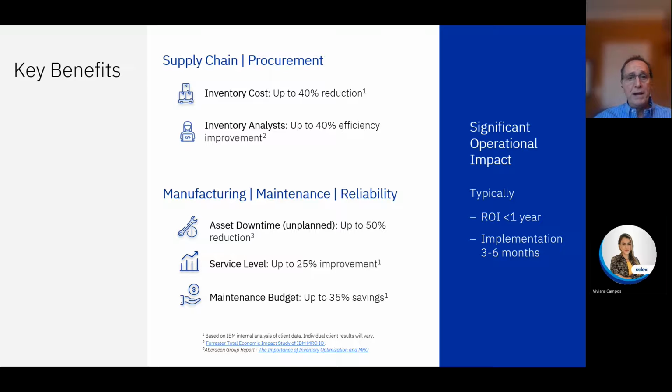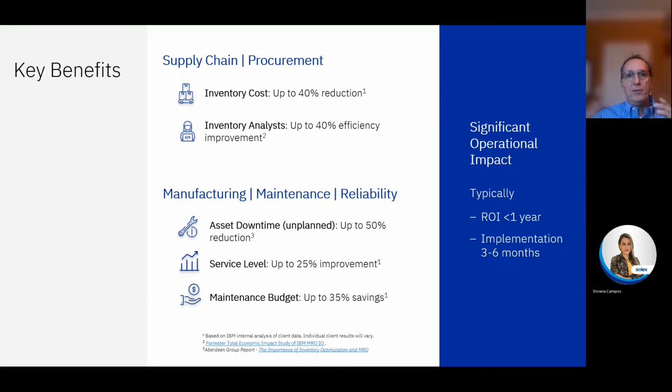Now, benefits are very key. So if you think about it, if you could optimize your spare parts that you keep in your warehouse over multiple sites, understand the obsolete parts, understanding the overstock that you have or understock, we can help reduce that cost by up to 40%. We can improve efficiency.